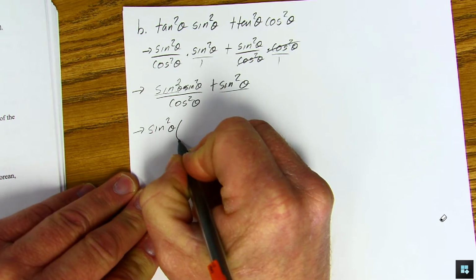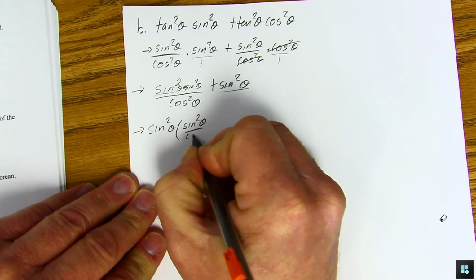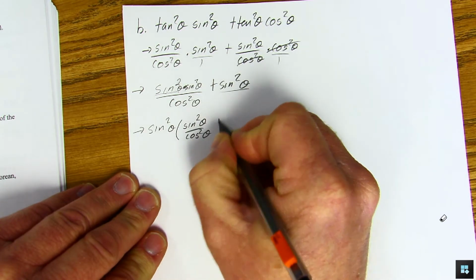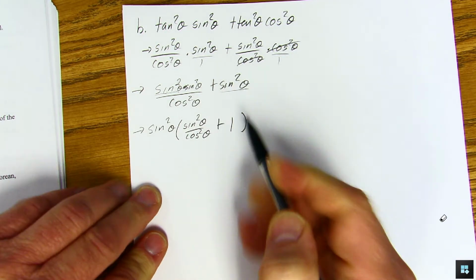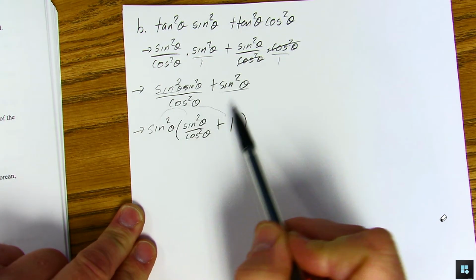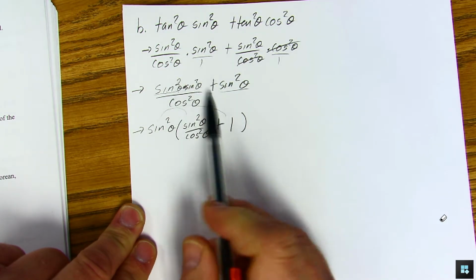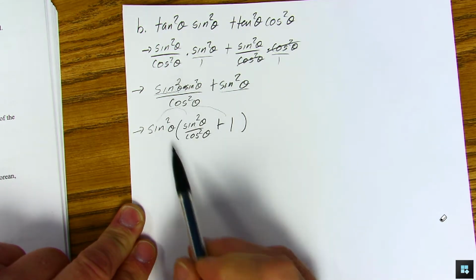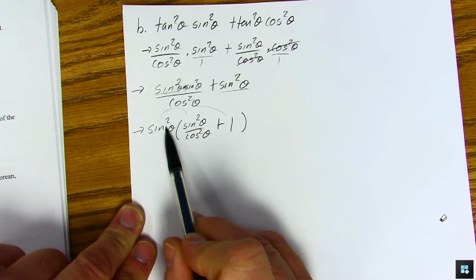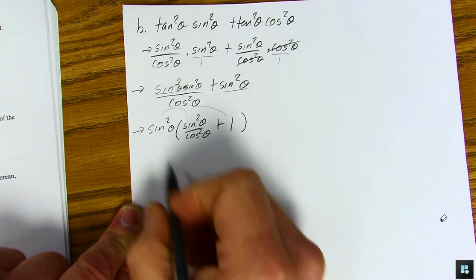That's going to be times sine squared theta over cosine squared theta plus 1. If you think about it, if you were to multiply this back in, you would get sine squared times sine squared, which is sine to the 4th, which is what we had written before, over cosine squared theta, and then you have sine squared theta times 1, which is sine squared theta. So they are the same or equivalent.